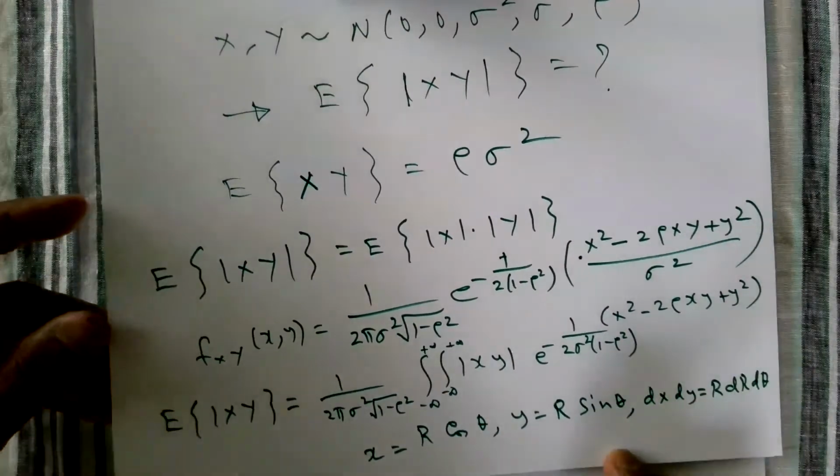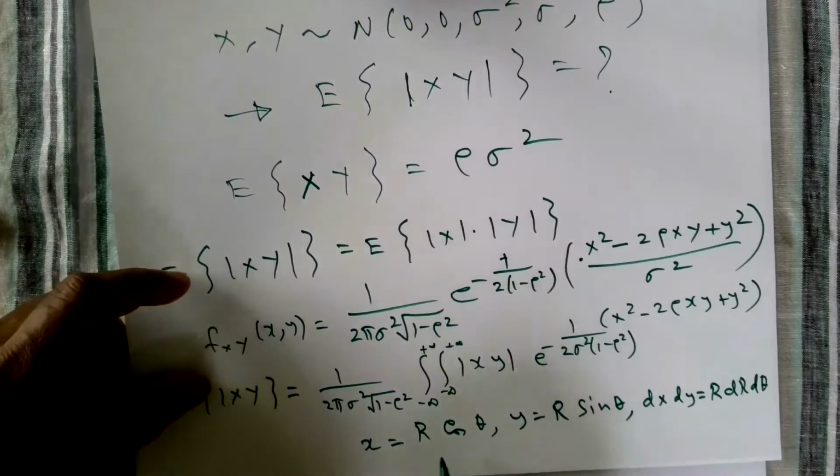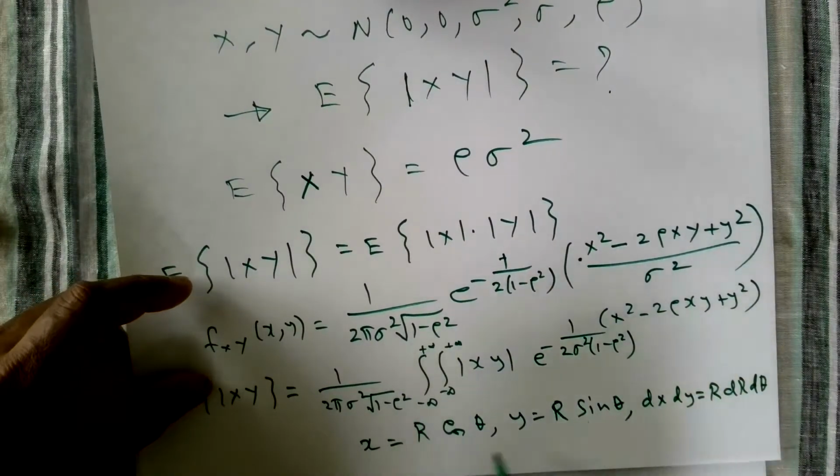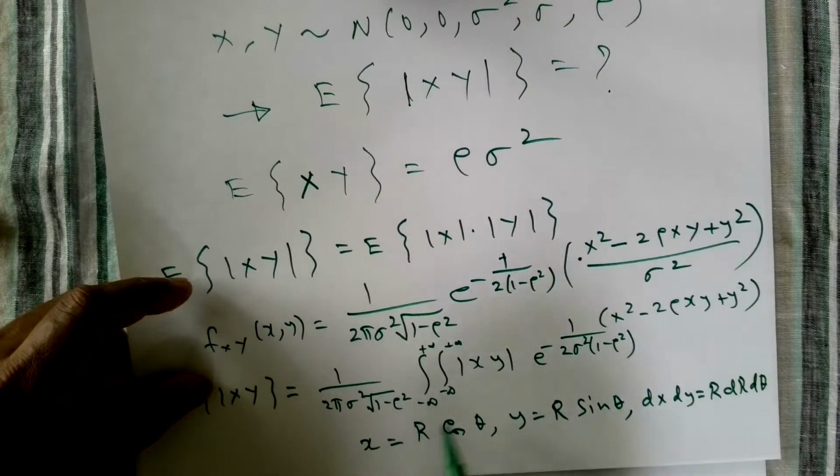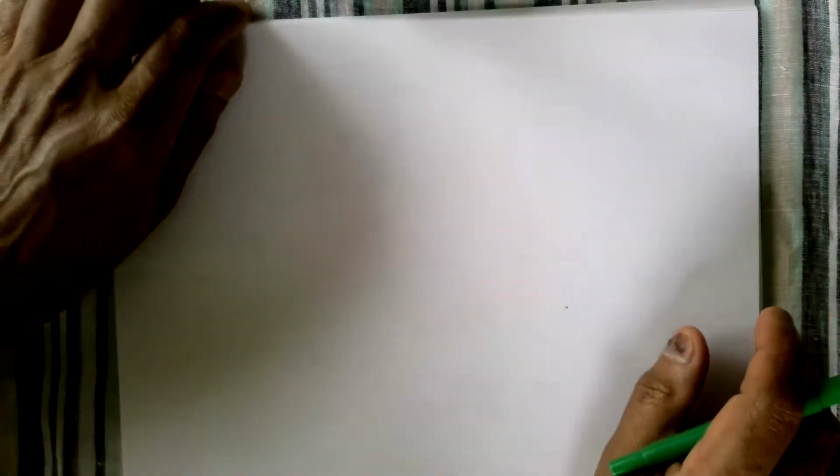With this, I'm going to substitute here. As x and y cover the whole plane, r goes from 0 to infinity, and theta covers the whole circle.